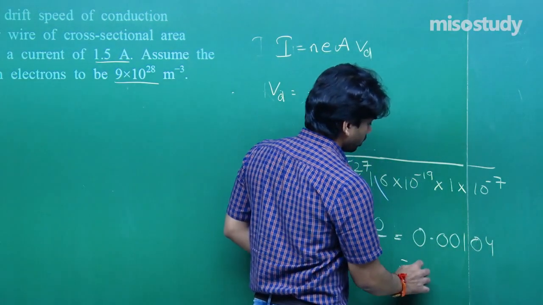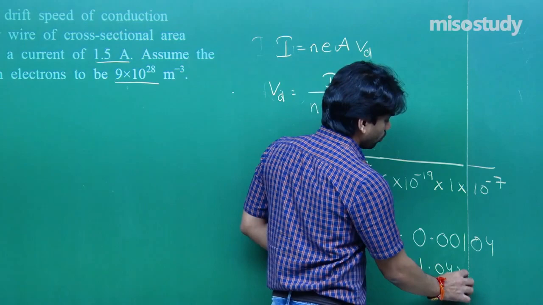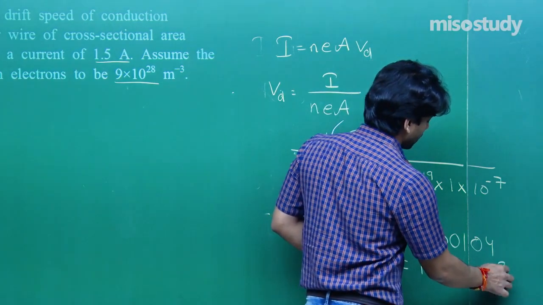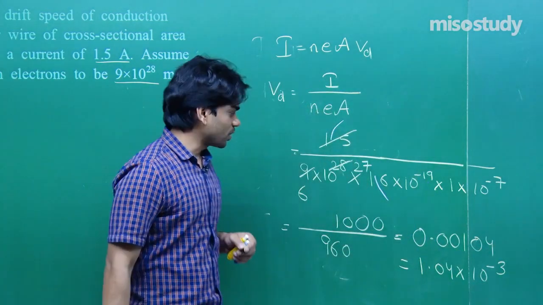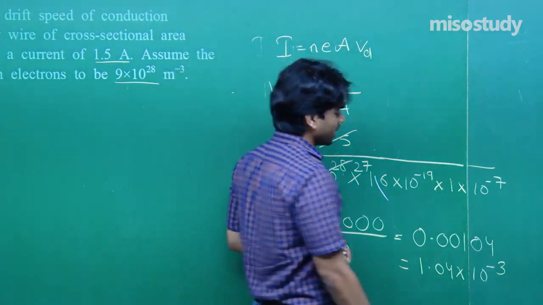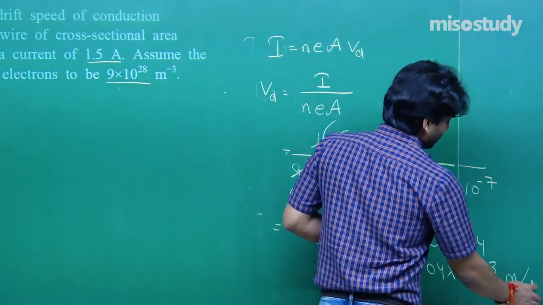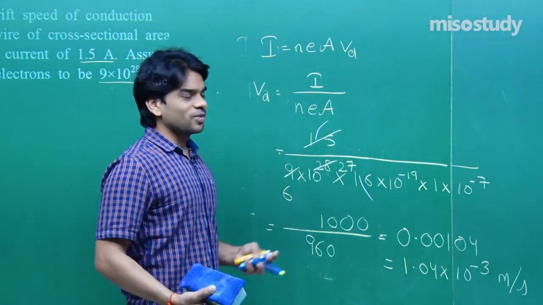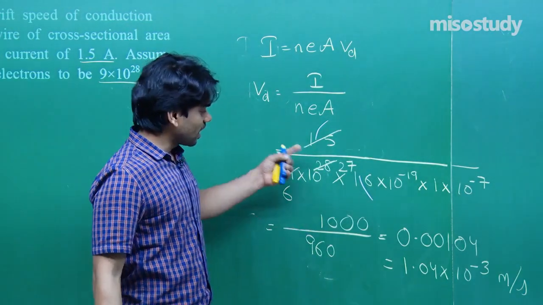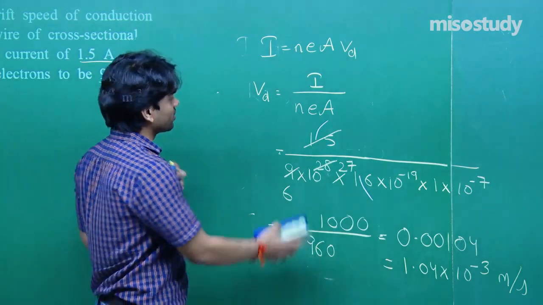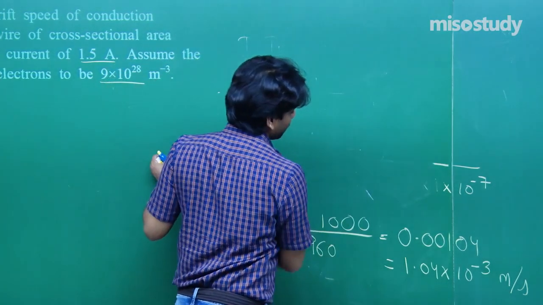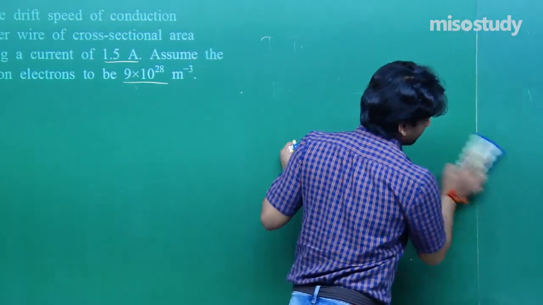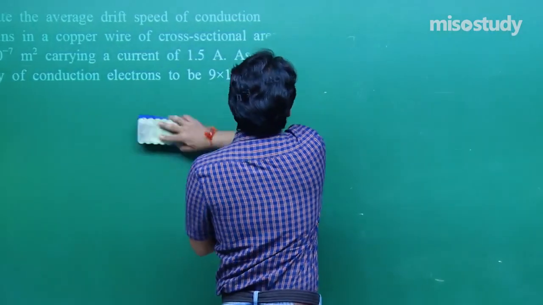So this will come out to be 1.04 into 10 to power minus 3 meter per second. You can just check it, you will get something approximately like this. So that is what you can check from the calculation. Try it on your own. There might be some part that I might have missed, but I have tried my best to reach the right result. Simply put in the values, calculate it, and you will get the required result.